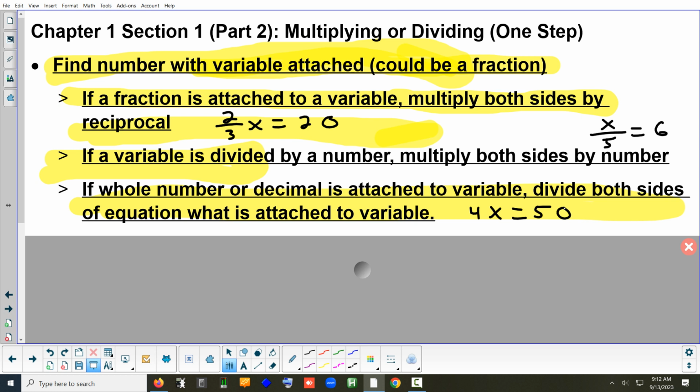If you have an equation that looks like this, then we're going to divide both sides by whatever's attached to the variable. In this type of problem, the 4 is what's attached to the variable, so you would divide both sides by the 4. But that's pretty much the 3 kinds of problems we're going to look at today.